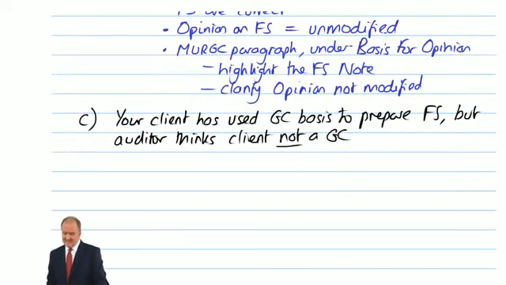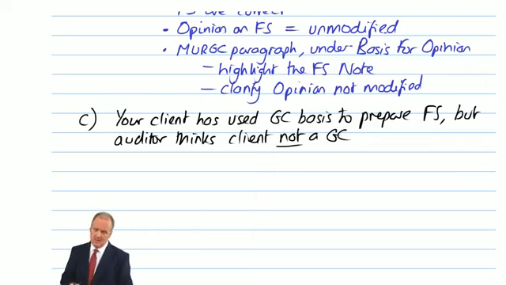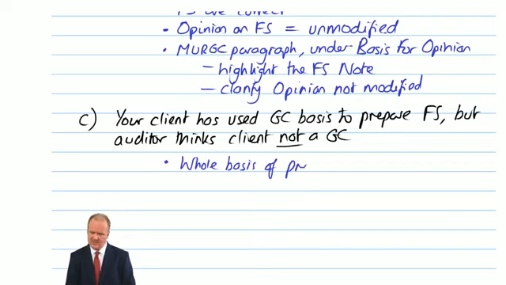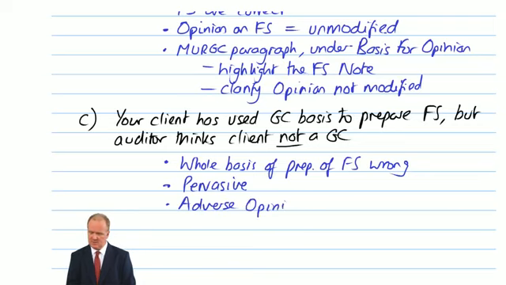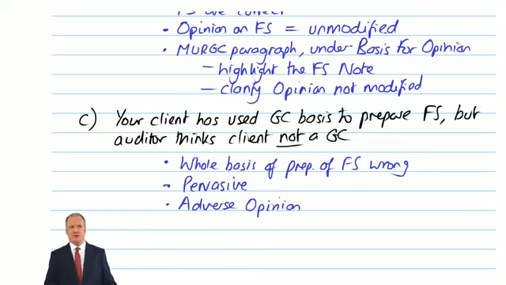Well, if that's the case, the financial statements are not correct. But it's not just going to affect one balance. The whole basis of preparation of the financial statements is wrong. And that makes it pervasive. And that means an adverse opinion. The accounts do not give a true and fair view.